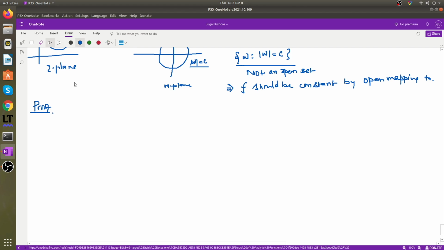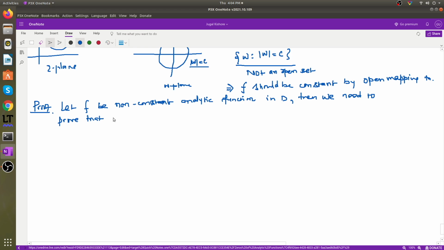First we take let f be a non-constant analytic function in D. Then to prove our result, we need to prove that every point A of f of D is an interior point.